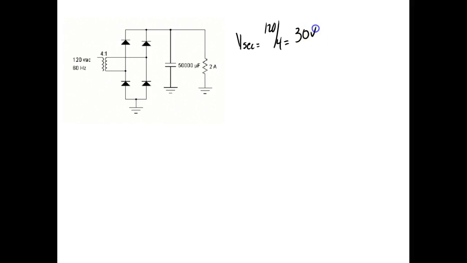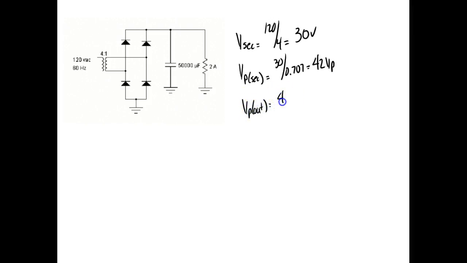Are we okay? And then I calculate the peak secondary. So I'm going to say 30 divided by 0.707. What have we got? 42. Then I calculate V peak out.